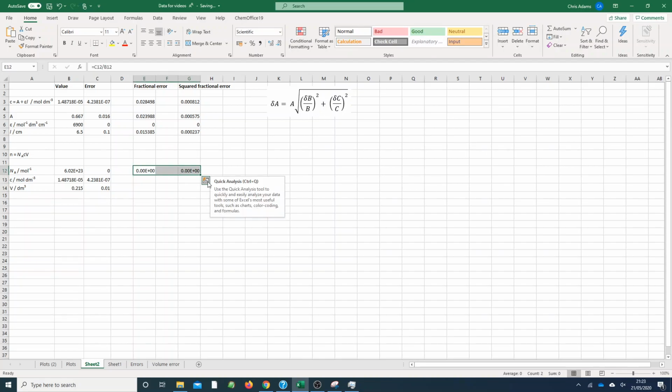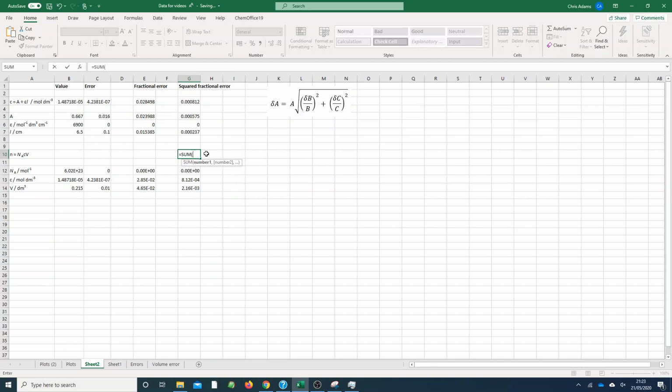But by putting the formulae in, that means I can drag those down to populate the squares below as well. So up here, I need to sum those individual squared errors. That's the square of the fractional error in n. So over here, square root that.